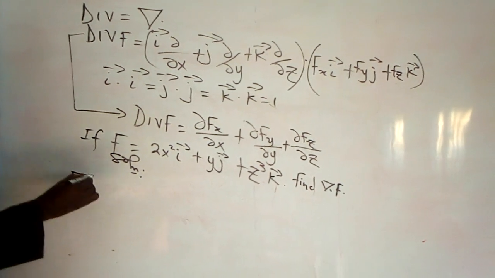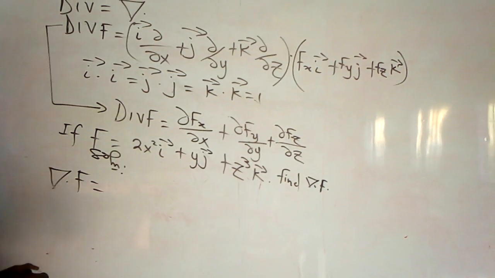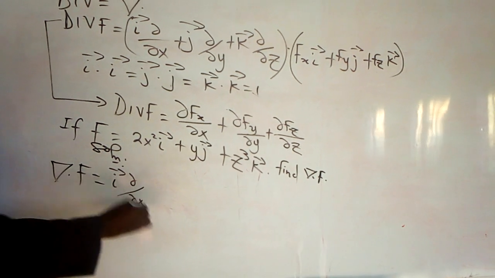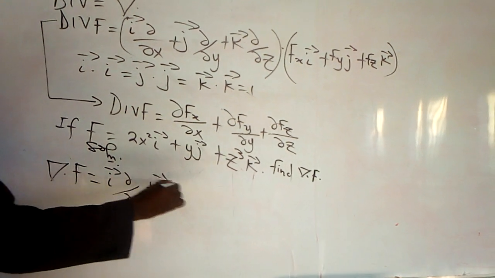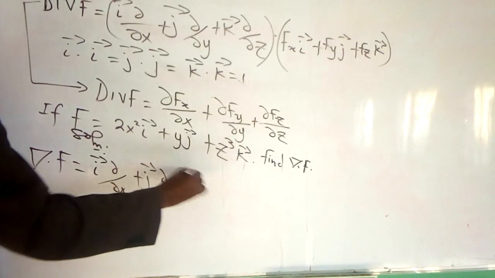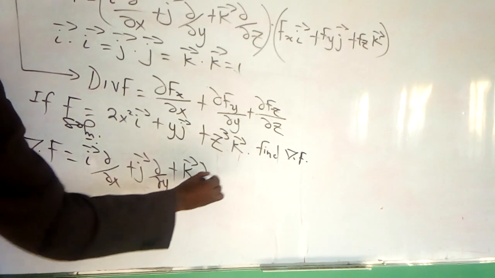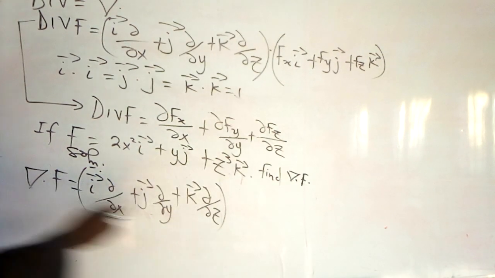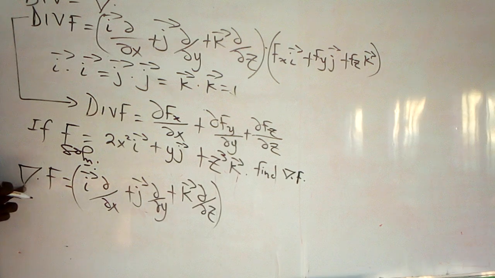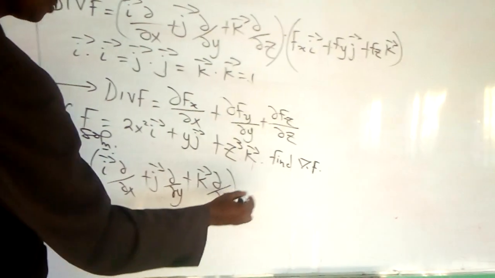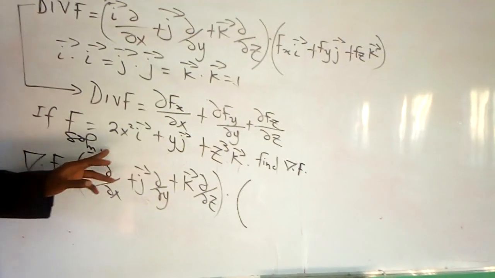Nabla is equal to i direction partial with respect to x, j direction partial with respect to y, plus k direction partial with respect to z. This is for nabla, the del operator. Now, this is a dot product with the function given.